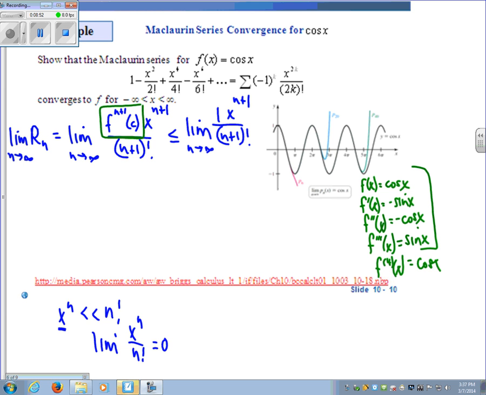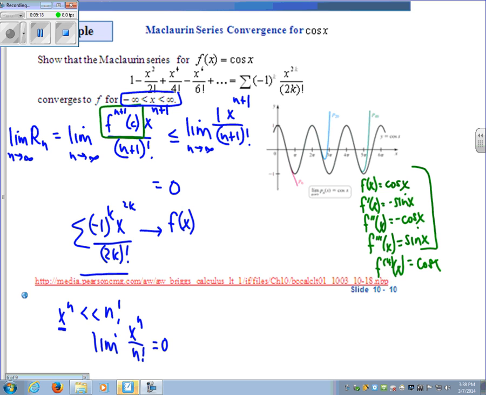So this limit is equal to 0, which then, if the remainder has a limit of 0, means that that series, negative 1 to the k, x to the 2k over 2k factorial, converges to whatever that function's value is on its interval of convergence. And that interval of convergence was minus infinity to infinity. So for all x, whatever this infinite sum converges to, it will be the function's value, the value of cosine of x. So that's why we can say then that this infinite series is cosine of x, because it does converge to it.